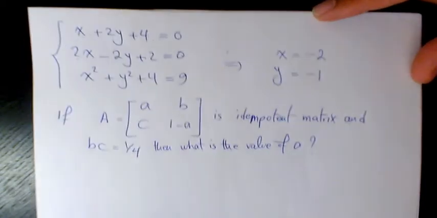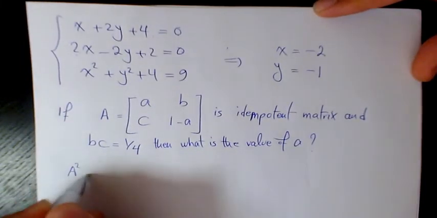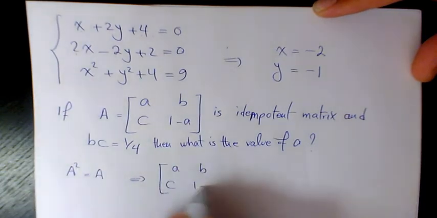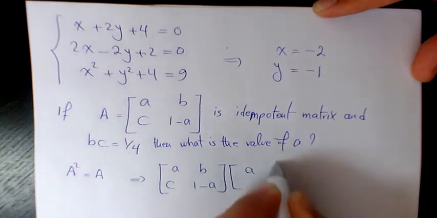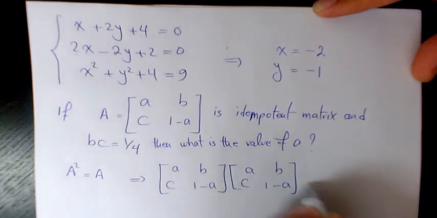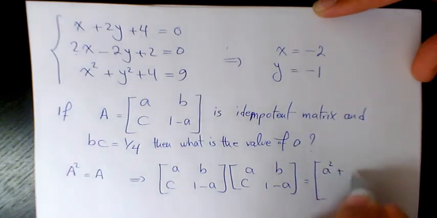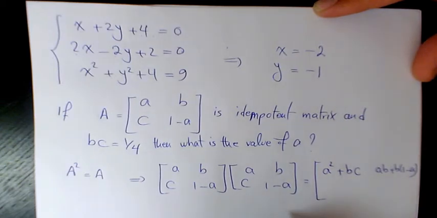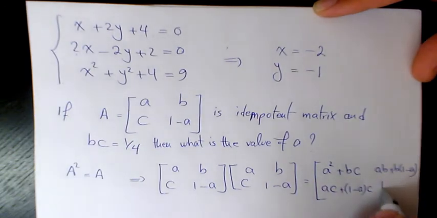So idempotent means A squared equals A, which means that the matrix A, B, C, 1 minus A times A, B, C, 1 minus A equals A. So when you multiply that, that's A squared plus BC, AB plus B times 1 minus A, AC plus 1 minus A times C, BC plus (1 minus A) squared.